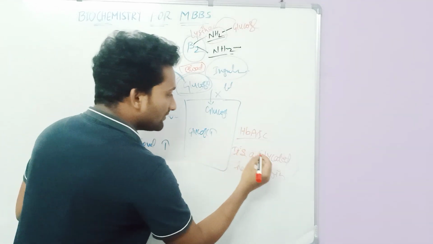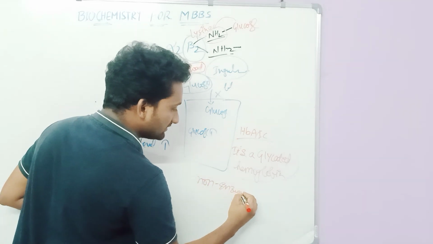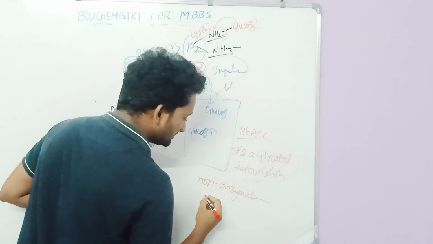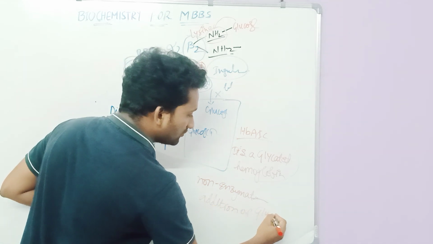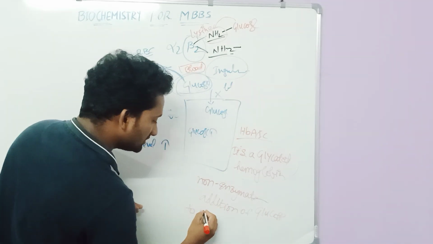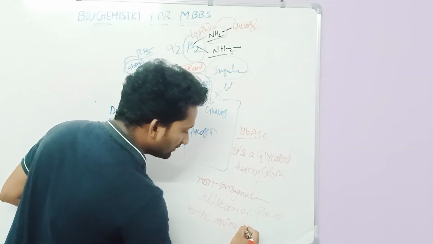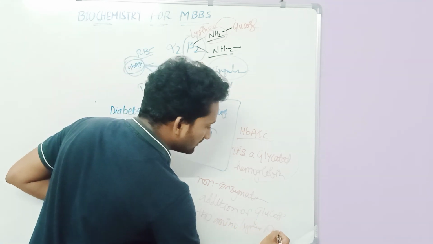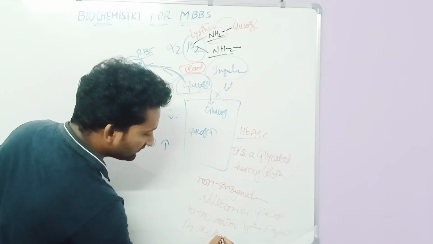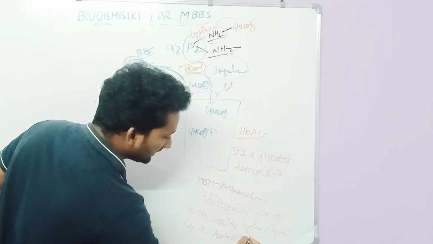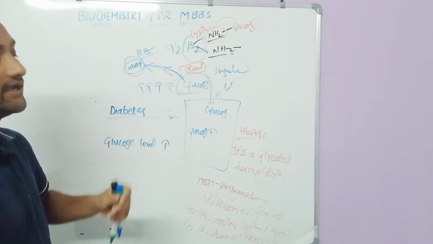So it is the non-enzymatic addition of glucose to the amino acid lysine present in the beta chain of the HbA1c variant of hemoglobin. So this is the definition of HbA1c.